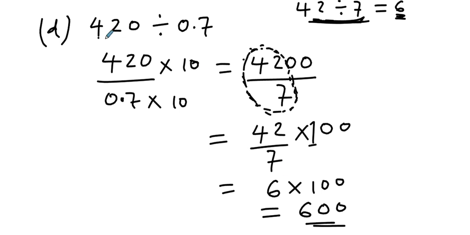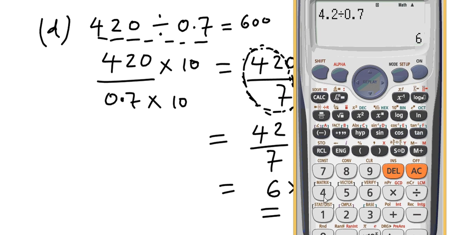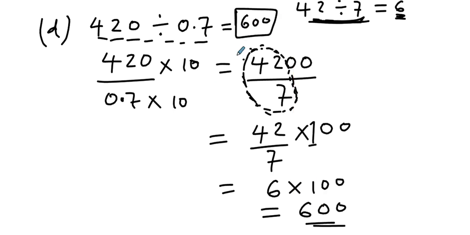So the answer over here is equal to 600. And you can check that using a calculator. 420 divided by 0.7. See that? Equals 600.